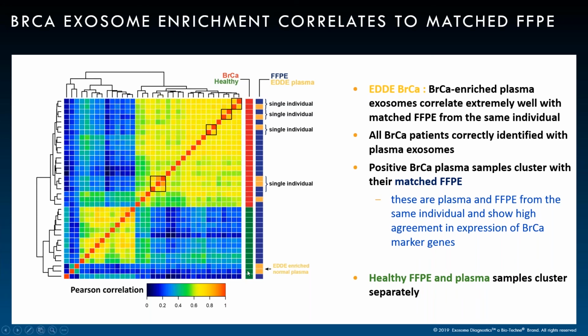Not only could we differentiate the benign patients from the cancer patients, but of the cancer patients that overexpressed this surface marker, the plasma exosomes clustered next to the matched tissue from that patient. So not only could we tell you that you had early stage cancer, but we could tell you what the RNA profile looked like inside the tumor by a simple blood sample. And that is a game changer for liquid biopsy.